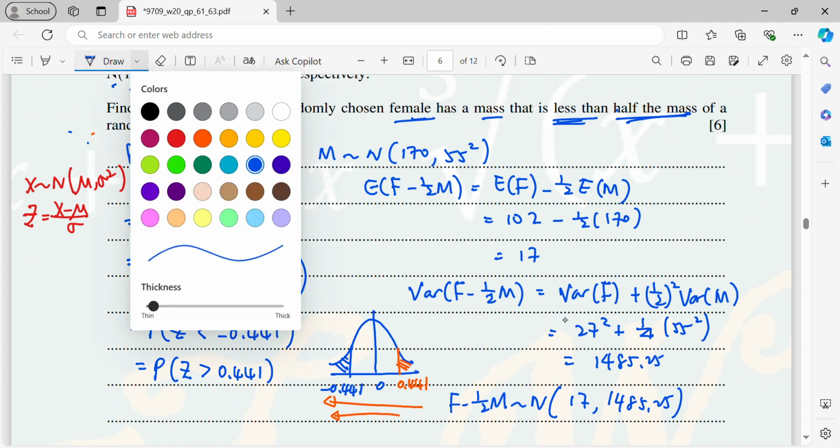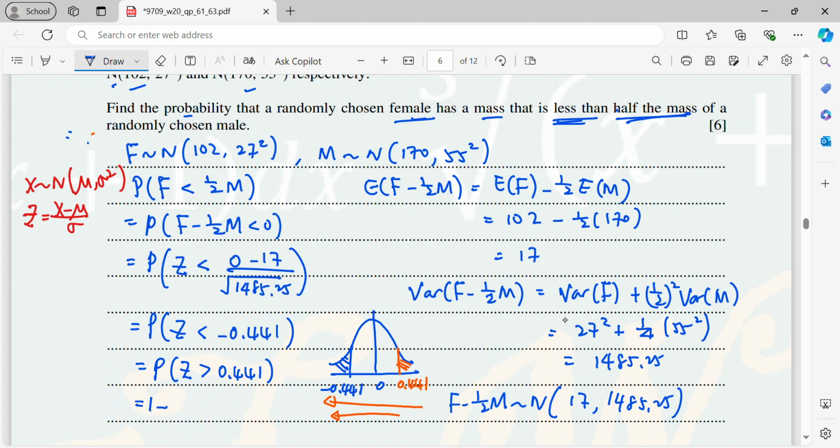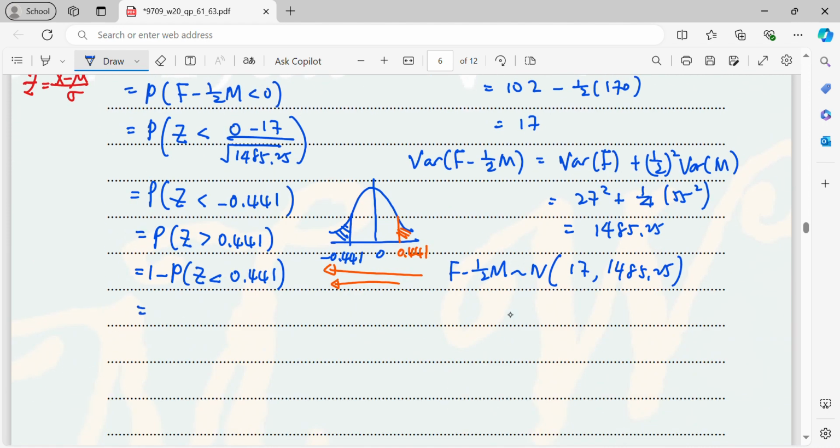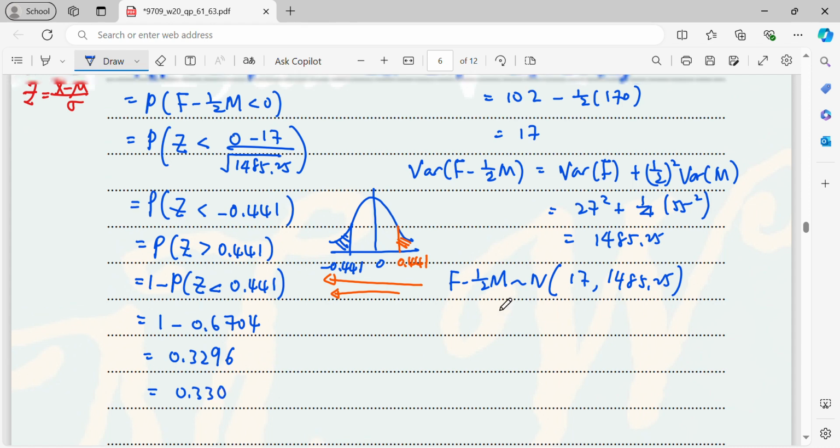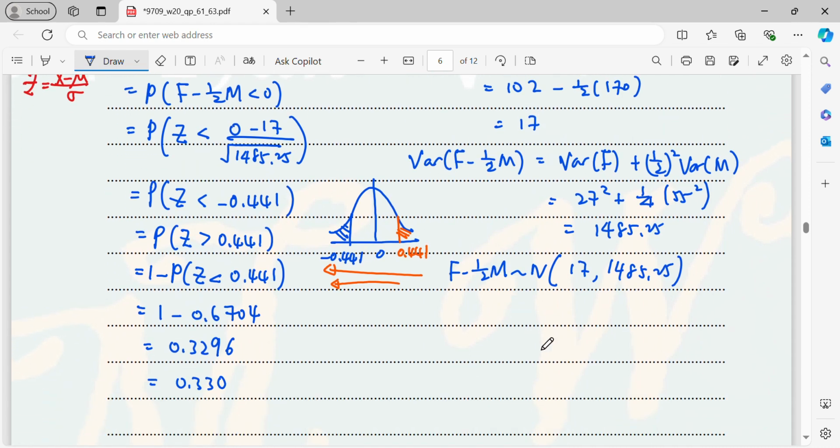So here I get 1 minus P(Z less than 0.441), which is 1 minus 0.6704, giving 0.3296. Now round to 3 significant figures, that is 0.330. So this is the solution of this question.